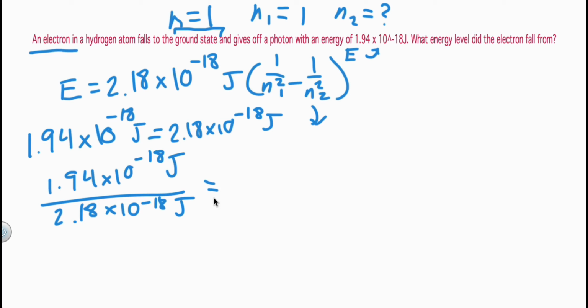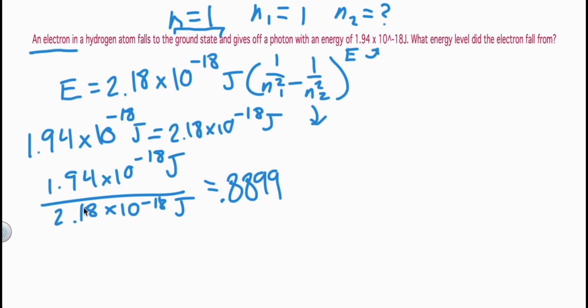So that's going to be equal to, when I pull my calculator out, 1.94 times 10 to the power of negative 18 divided by 2.18 times 10 to the power of negative 18. I keep messing this up in my calculator. So that equals 0.8899, and then the rest doesn't matter, we can cut that off.